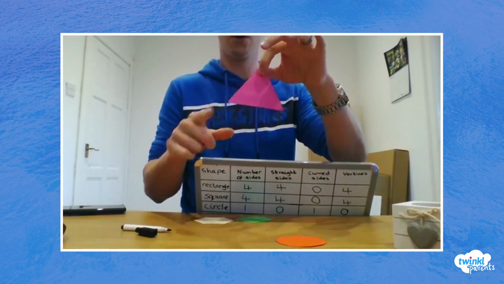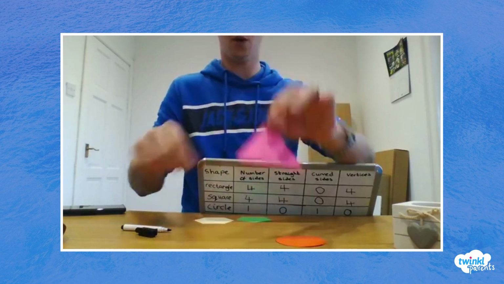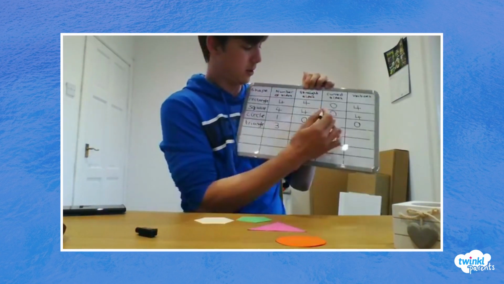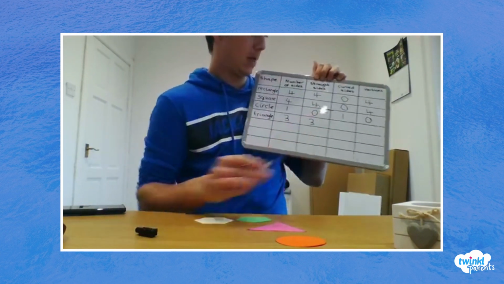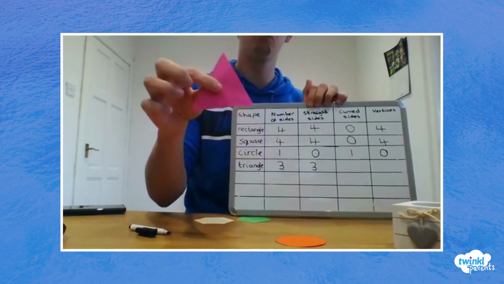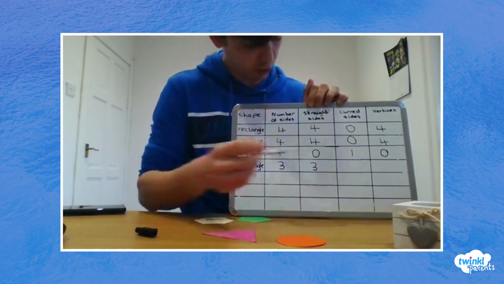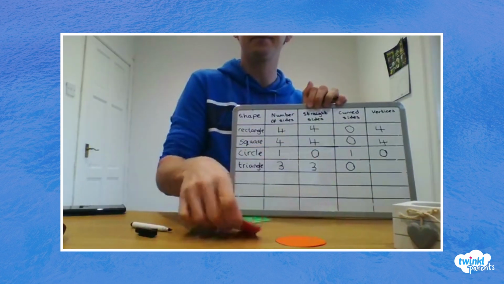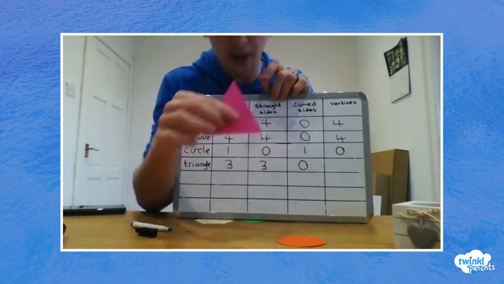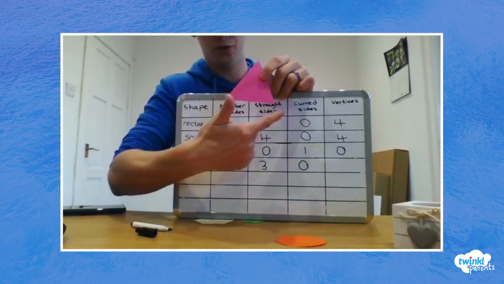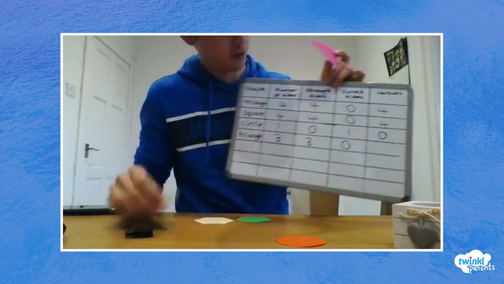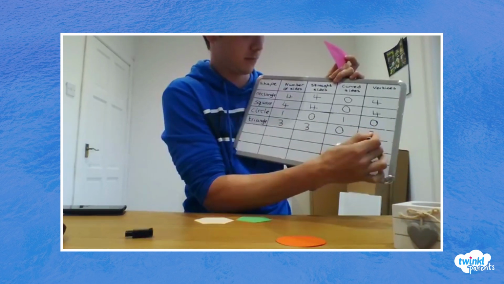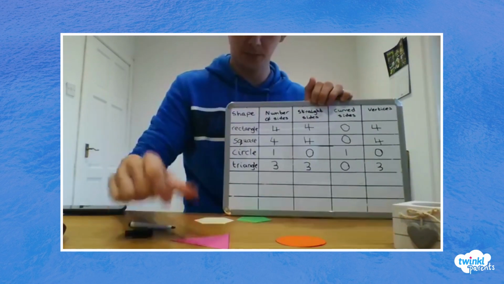Has 1, 2, 3, all straight. How many curved? None. None at all. How many vertices? It has 1, 2, 3. 3 vertices. 2 shapes left, everyone.